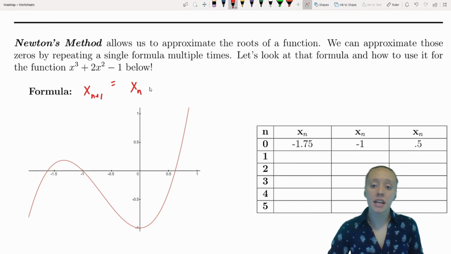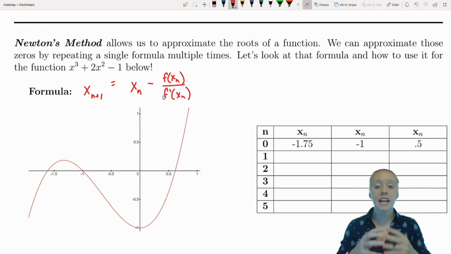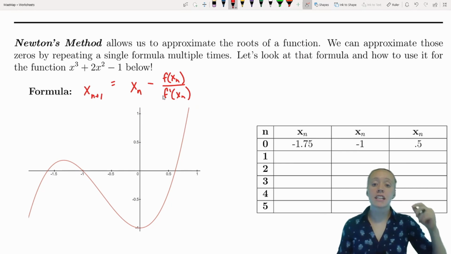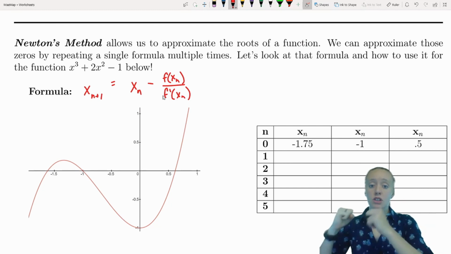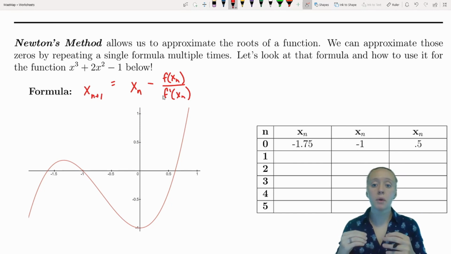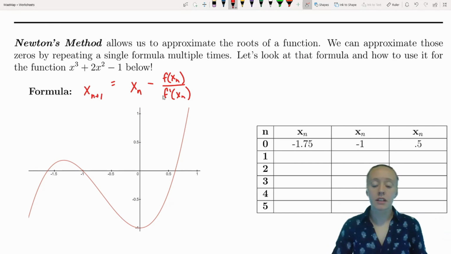So x sub n minus our function value of x sub n all over the derivative at x sub n. So taking that x value, subtracting its function value over its derivative value, that's going to be our new x value. So when we get that new x sub n plus 1, that then becomes our new input.